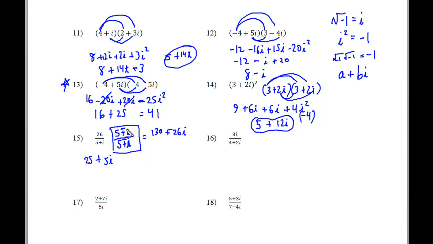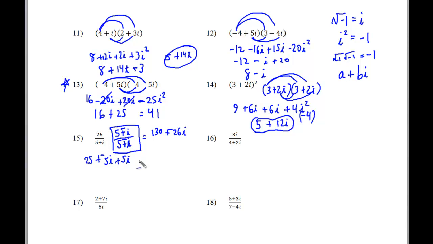Alright, so let's rewind here. 26 times 5 is 130. 26 times the negative i is negative 26i. Here, I'm going to take 5 times 5, which is 25. 5 times negative i is negative 5i. And that means when I get 5 times i, this is going to be positive 5i. So these two middle i's simplify to 0.